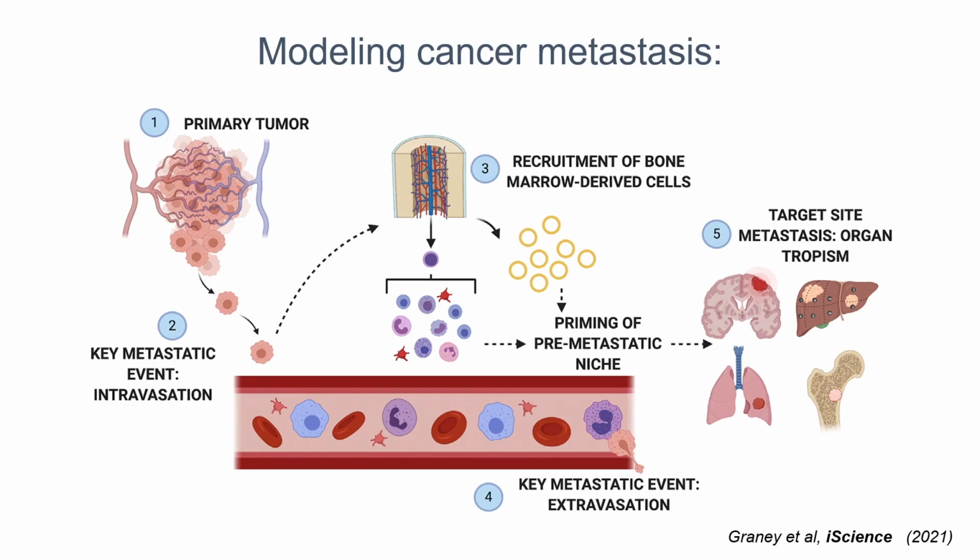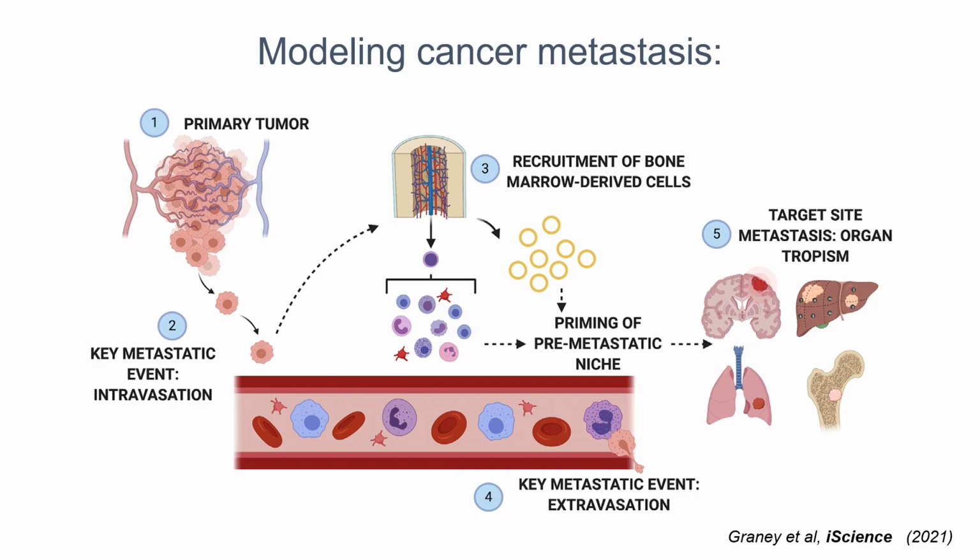Very, very complex process. And what we try to do in this project is to answer two questions. One is, can we recapitulate metastasis per se? Can we show that the circulating cancer cells are finding these target tissues and colonizing them? And the second question, so like for a specific patient, how likely is it that this patient will develop metastasis?